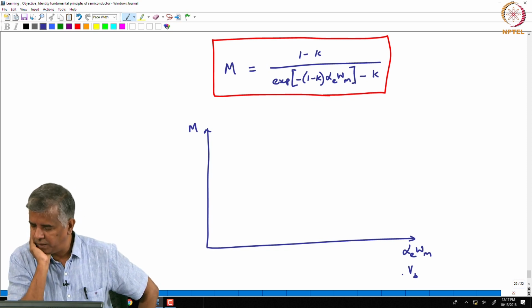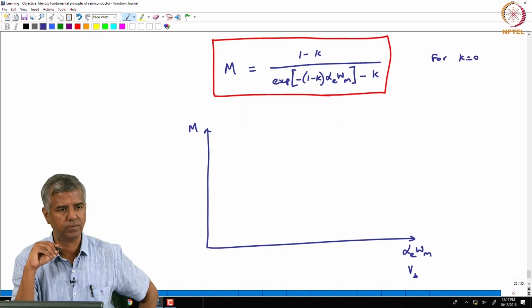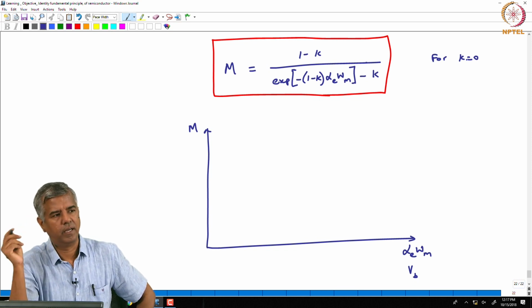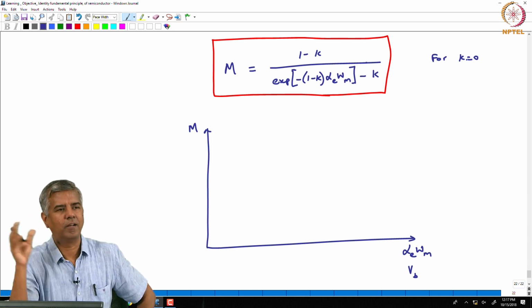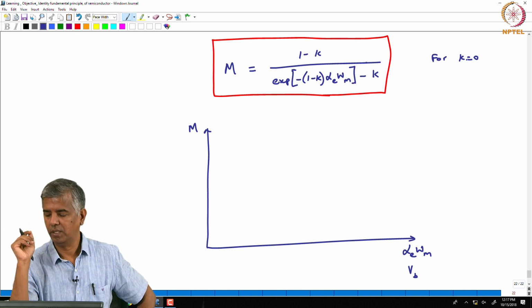For k equal to 0, my impact ionization coefficient for electrons is far greater than alpha h. In that case k is approximately 0.